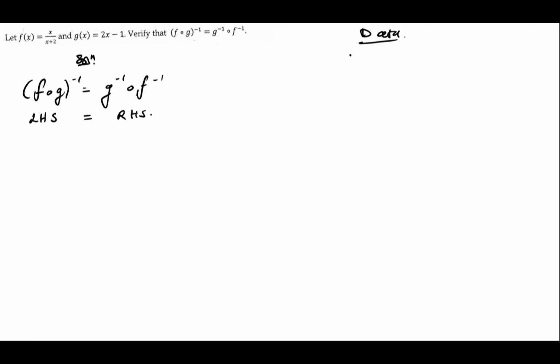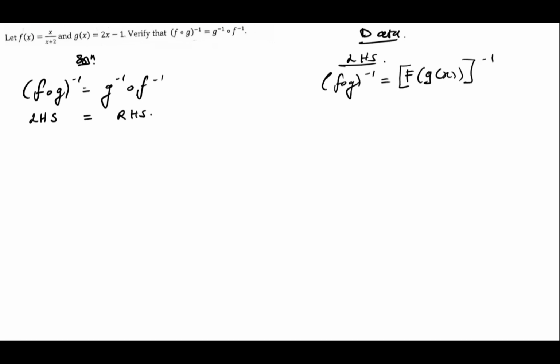Alright, on our left hand side, we have f of g inverse. Now this can also be written as f of g of x to its inverse.